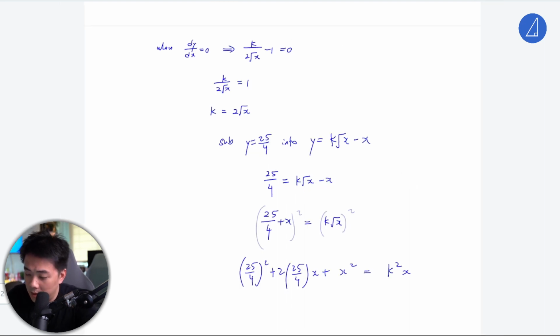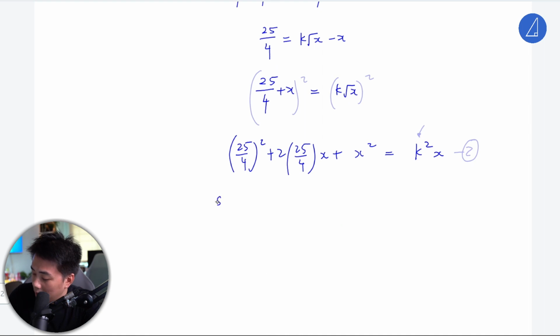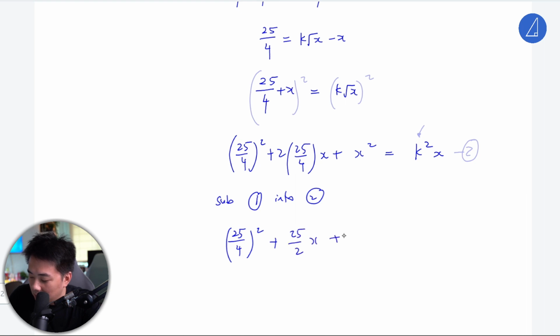Because this is k squared, I'm just going to substitute k squared, which is 2 root 2 squared, which is 2x. Then this is 25 over 4. I'm just going to leave it as it is because I'm a bit lazy. So the 25 over 2 x plus x squared.